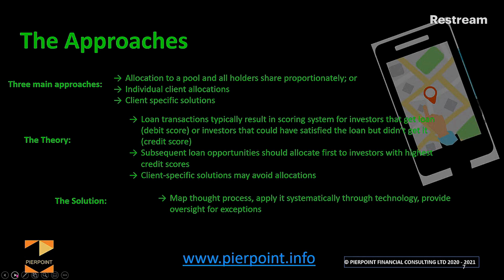Other agents do a different model where it's individual clients. So the individual clients in the program get credit scoring, which I'll talk about in a second. And so each of them will get an opportunity to make a loan, but it goes client by client rather than via a pool. And then the third broad category is client-specific solutions. What that means is that it avoids any kind of queuing or algorithm.